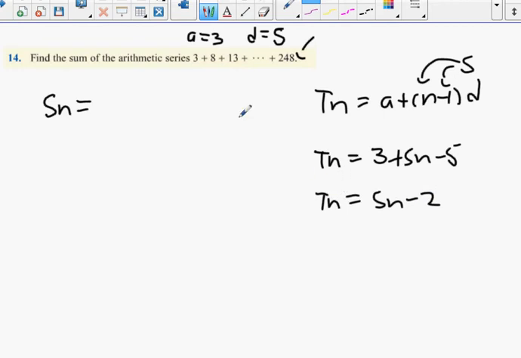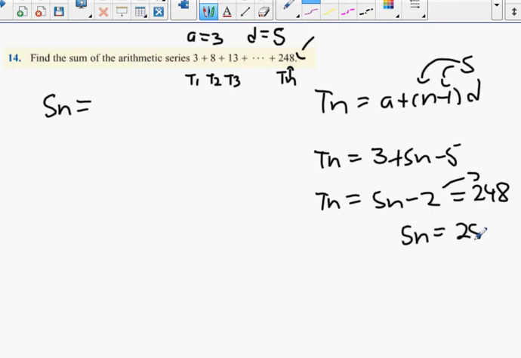Now, T1 is 3, T2 is 8, T3 is 13, Tn is 248, but you have to figure out what term is actually 248. So this means when you substitute in an n value, your answer will be 248. Bring the 2 out the other side, it becomes plus 2.